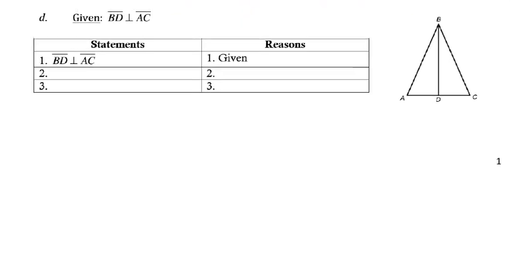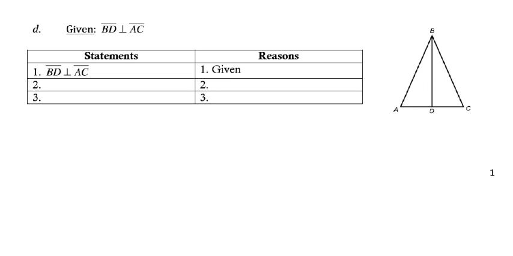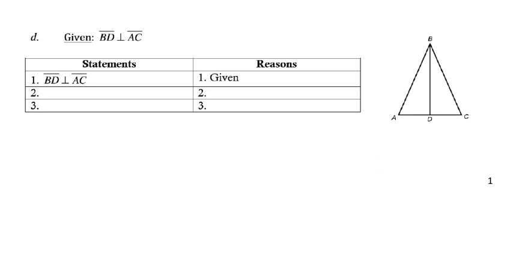The next one, D, says given BD is perpendicular to AC. So remember that the symbol that we see here is perpendicular. And perpendicular, what does the definition of perpendicular mean? Or what is it?